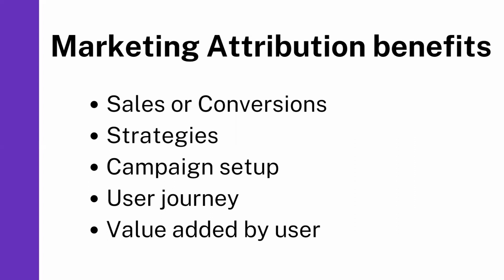Secondly, if we talk about the strategies that we want to implement for sales or conversions, these days everything has to be backed up by data, or in some way has to be in the context of benefiting the business.